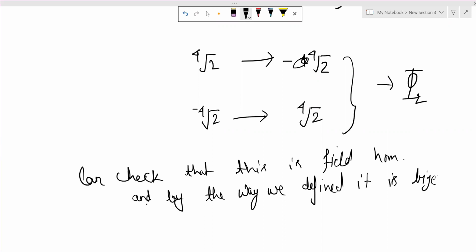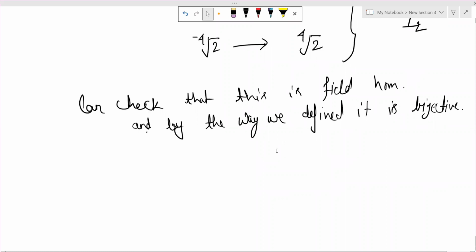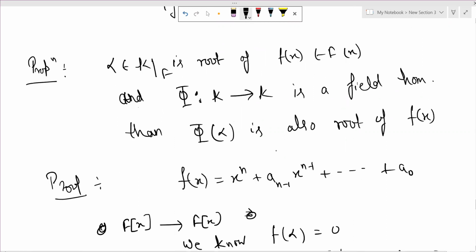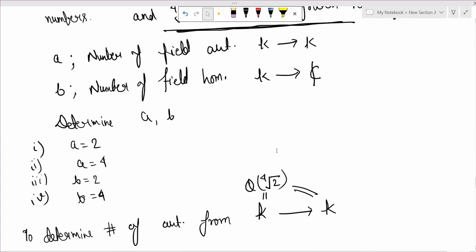This implies the number of automorphisms from K to K equals 2. So we have proved that the number of field automorphisms from K to K equals 2. Now we have to find the number of field homomorphisms from K.